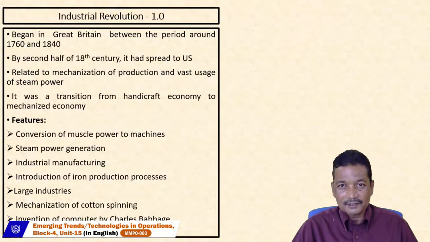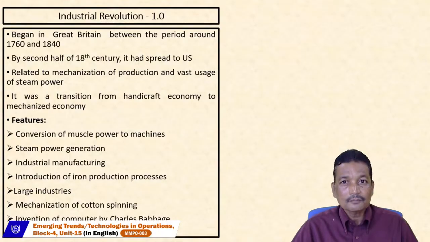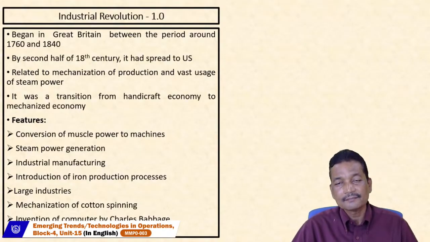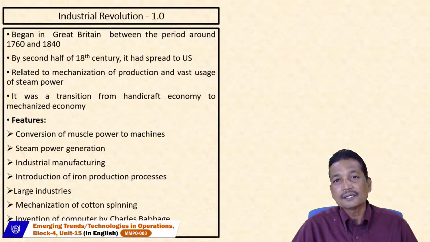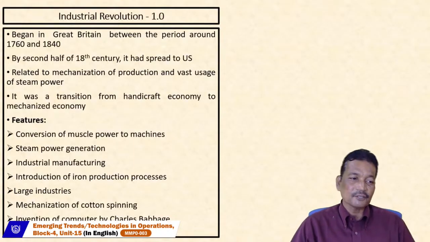So, in search of wealth, people from Great Britain or the European continent, or a few of their population, tried to move to the American continent. Thereby, they took the philosophy of industrial research, industrial setup, and industrial advancement to the United States of America.